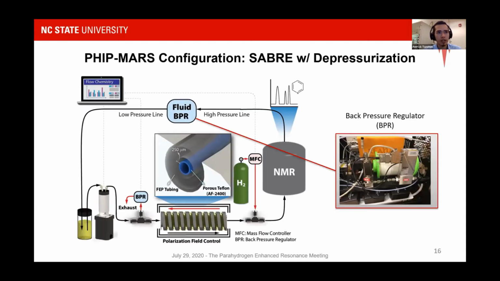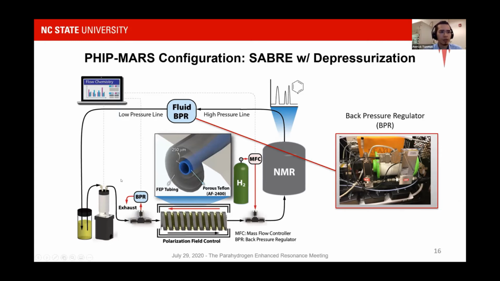So the first method I'll talk about is this back pressure regulator method. Here's a diagram showing the first solution, where we inserted a fluid back pressure regulator, shown here on the right. This is an instrument that we purchased from Bronkhorst. The BPR allows for a high pressure input and then digitally controls the output through an incremental valve to give a depressurized line on the other side of the device.